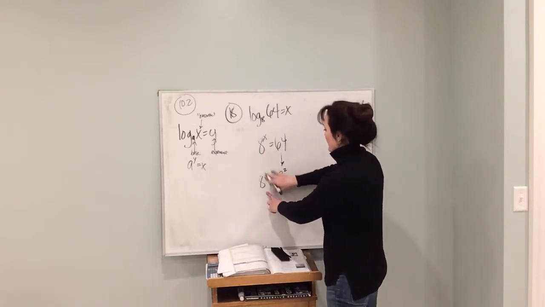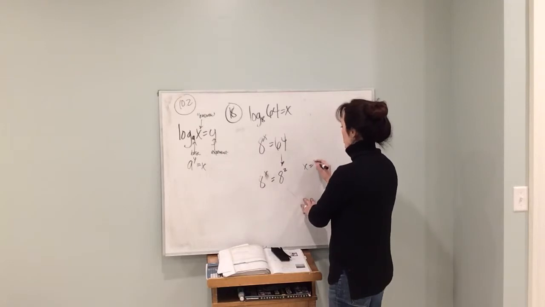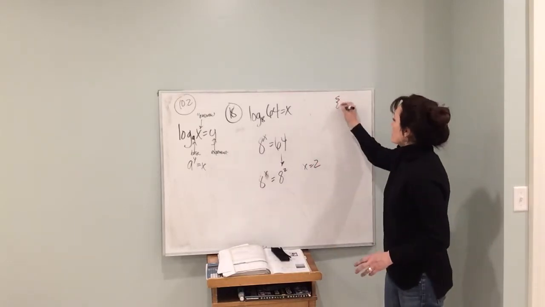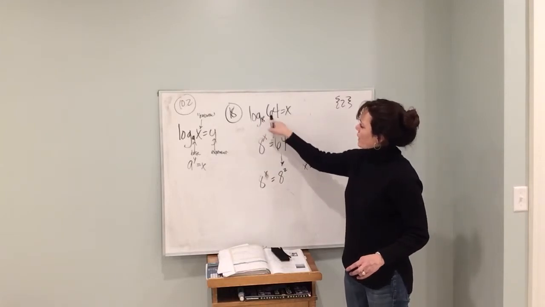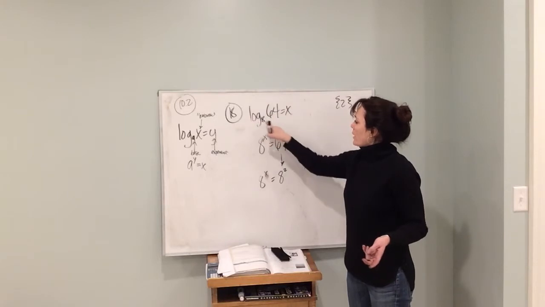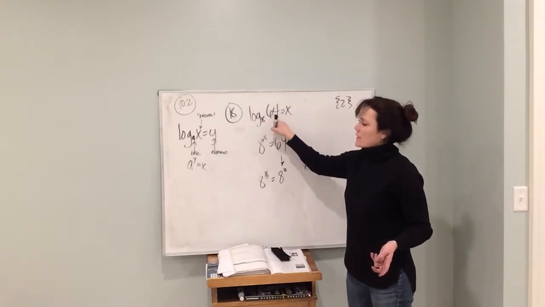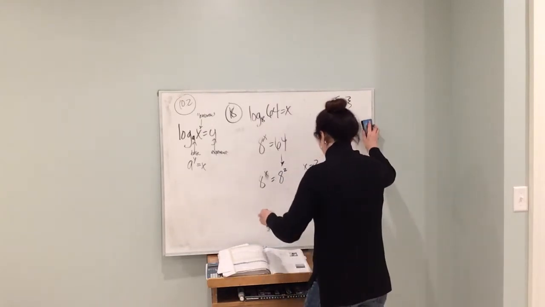This one's already in terms of 8, so we can just say x equals 2. The answer is 2. It's saying 8 to what power gives me 64? You already knew that. The answer is 2. All right, let's look at 20.